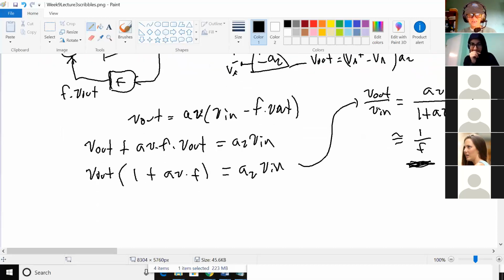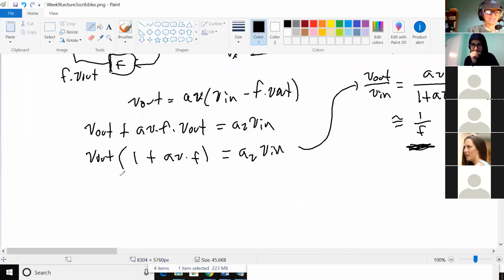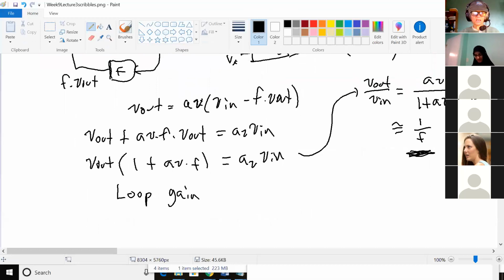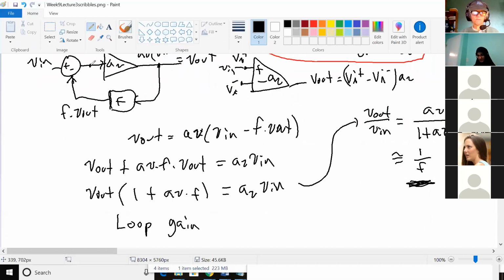All right, so vocabulary, lots of vocabulary here. So there is loop gain. If you look at this, if you come from the input of the gain stage and come all the way around, but just don't connect the feedback, just go through all the blocks that give you gain. So the amplifier gives you gain and the feedback block gives you gain. The feedback block gives you a gain less than 1, but it's still gain.